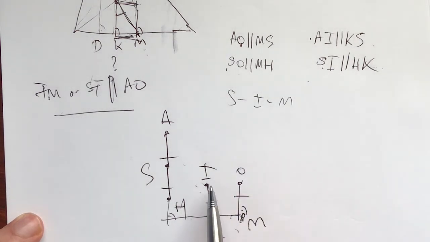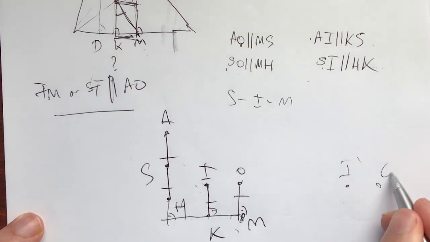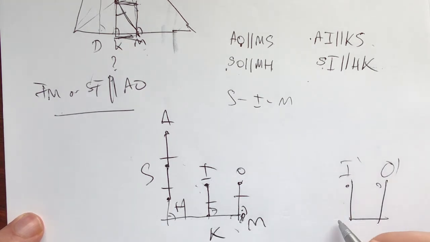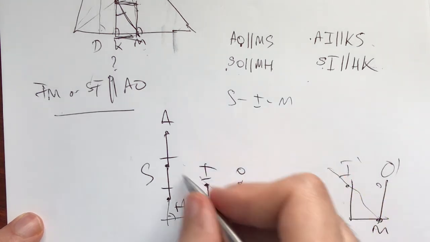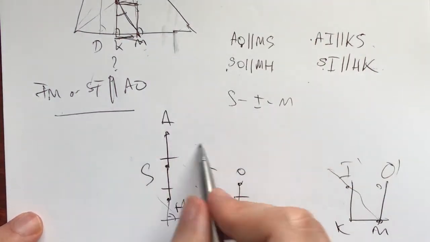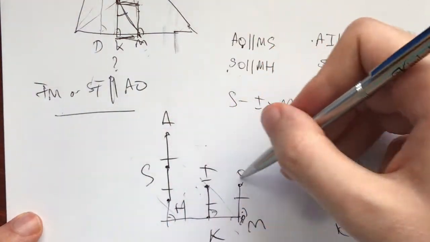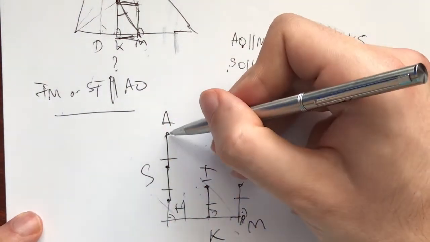Is this always true? If I move this here, it doesn't seem like it would be true. I prime, O prime, K, M. Nope, not true, because this stays fixed, this moves, so this line moves. So this tells me that we need to use something that's specific to these points, K, I, M. We can't just use this.